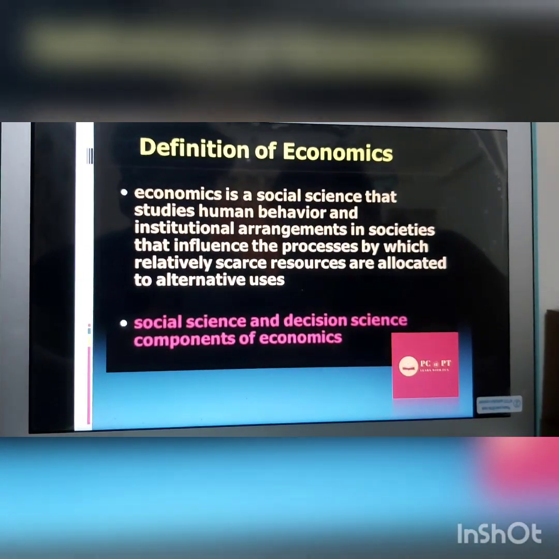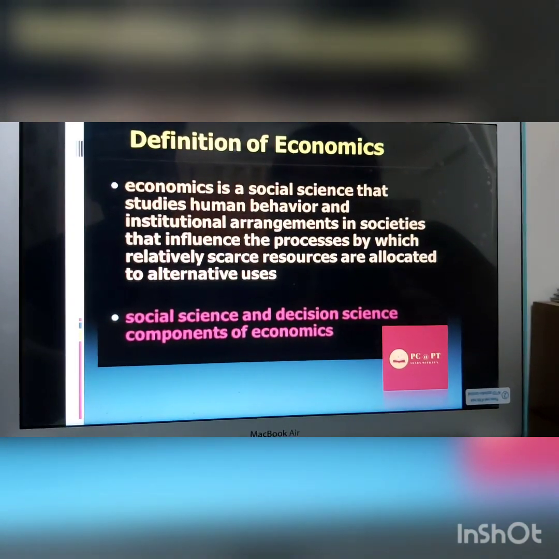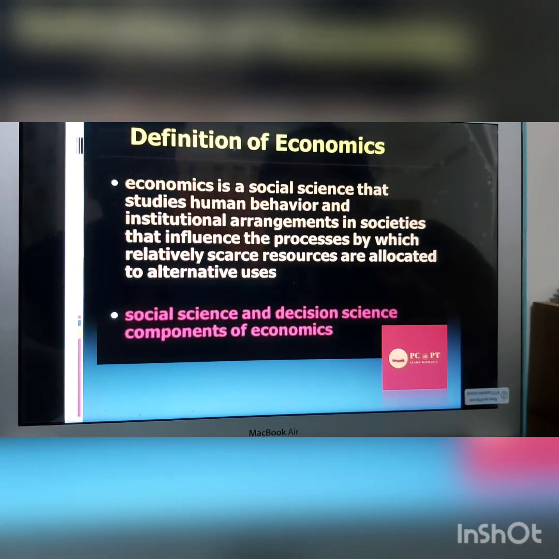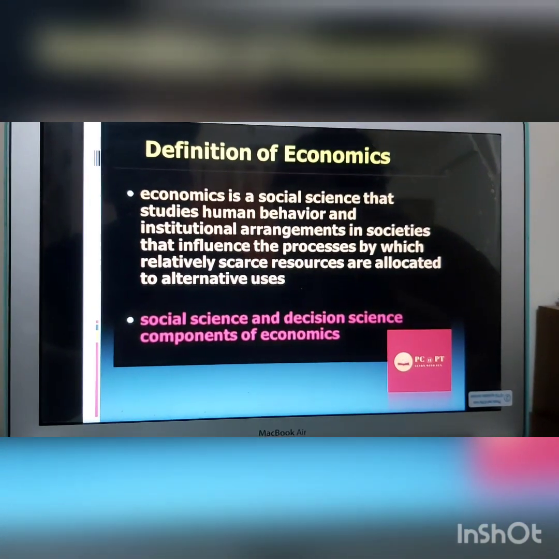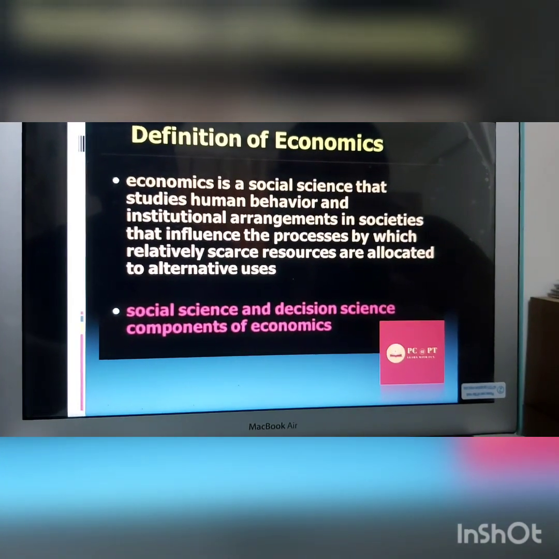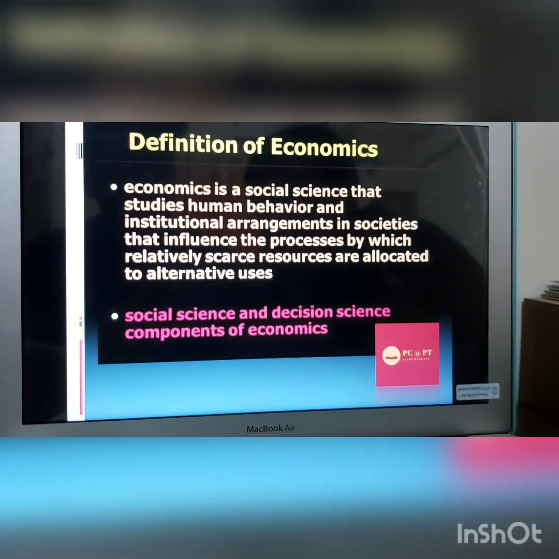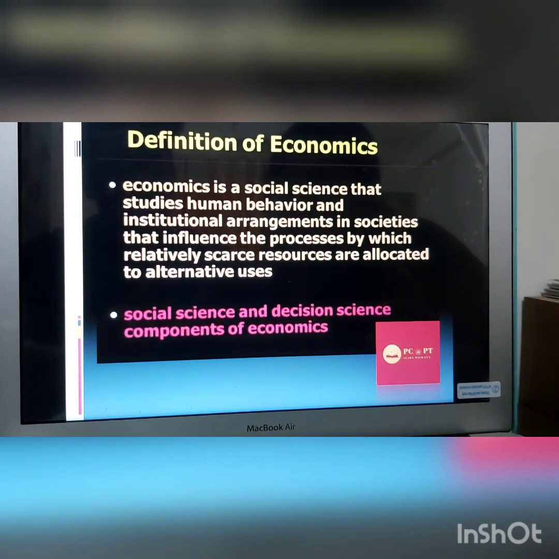Before we move ahead with what is microeconomics and macroeconomics, let us first understand a detailed explanation of your subject economics. You have been studying economics since 9th, I guess, right? So you know much, but still I am going to tell you what is economics here. Economics is a social science.